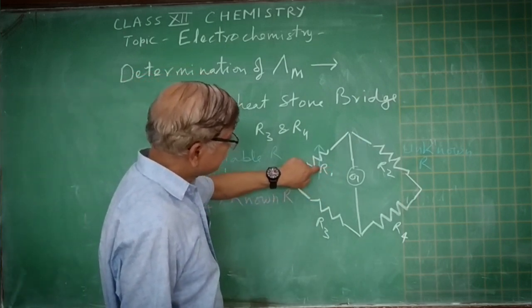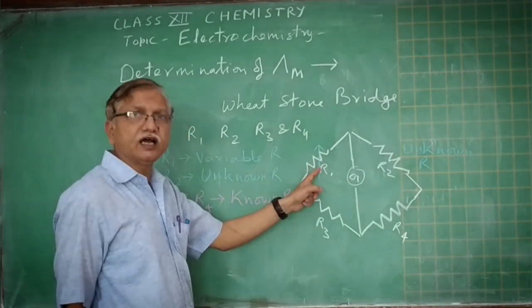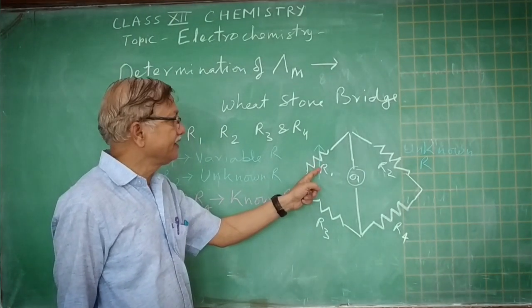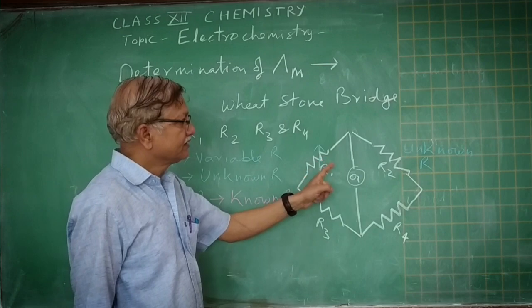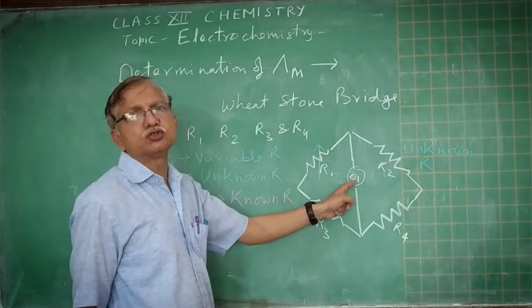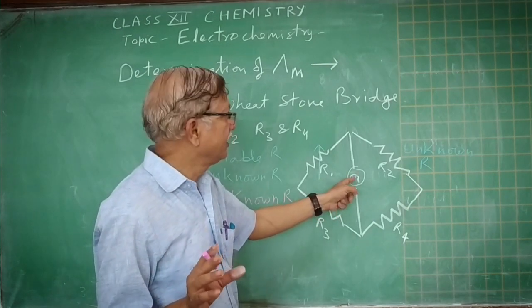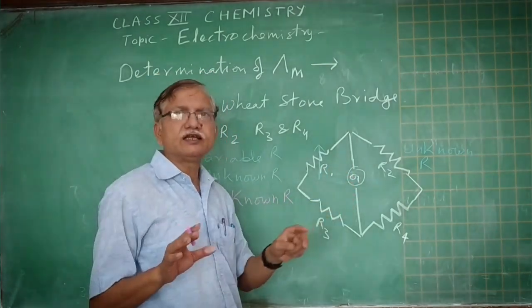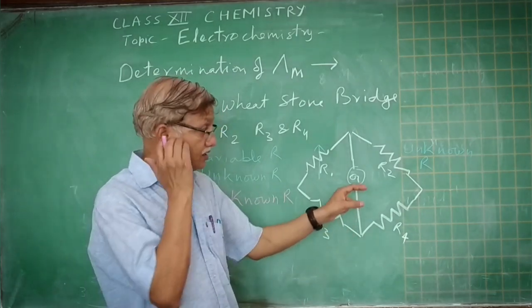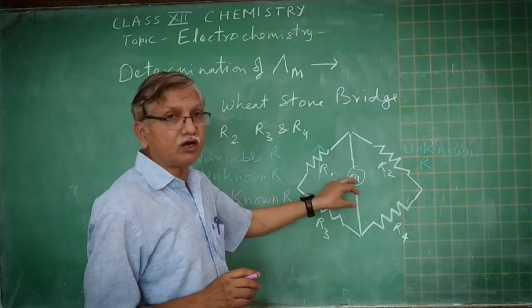Now we adjust the variable resistance R1 with the help of a rheostat in such a manner that the galvanometer shows the null point. Null point is the position of the Wheatstone bridge where there is no current flow in the circuit.